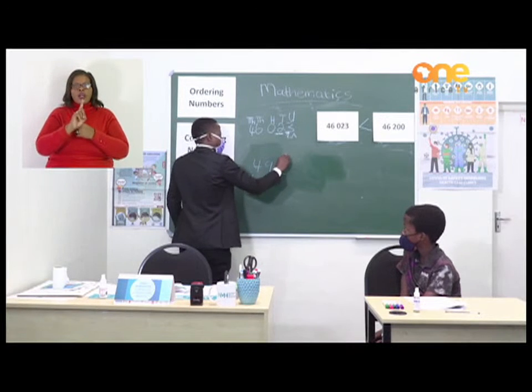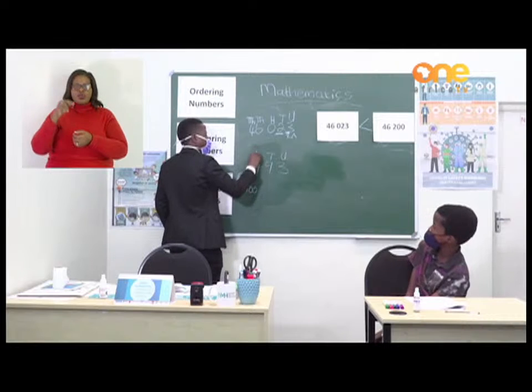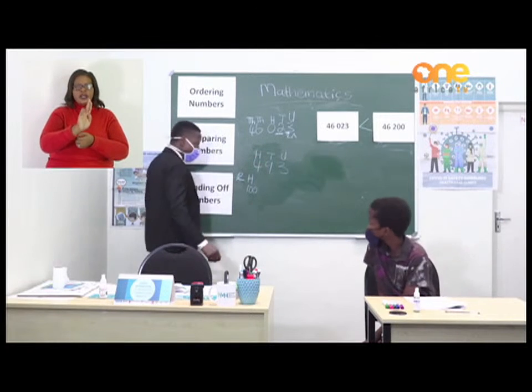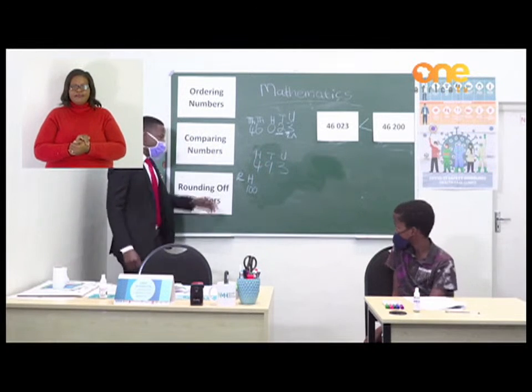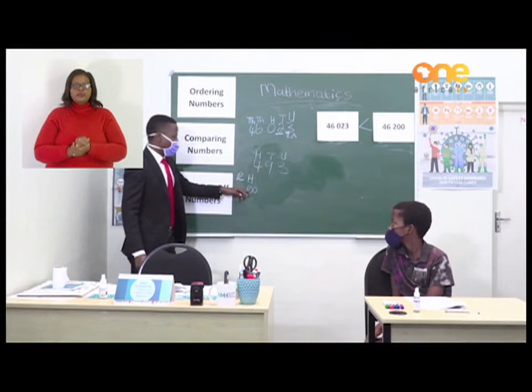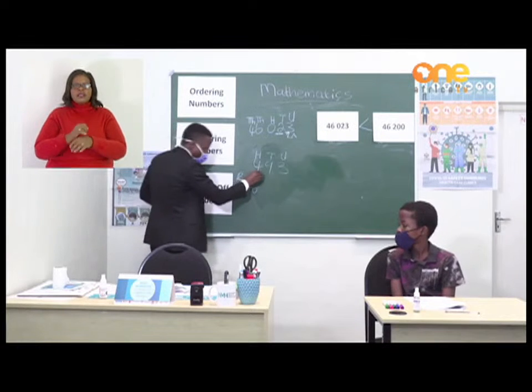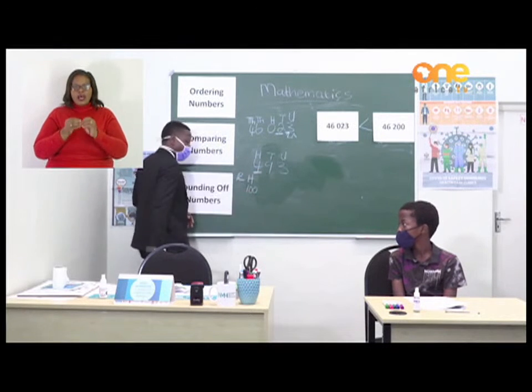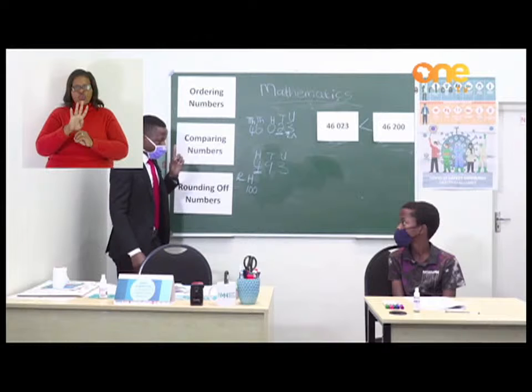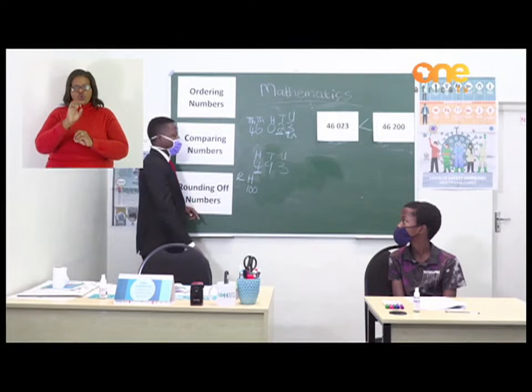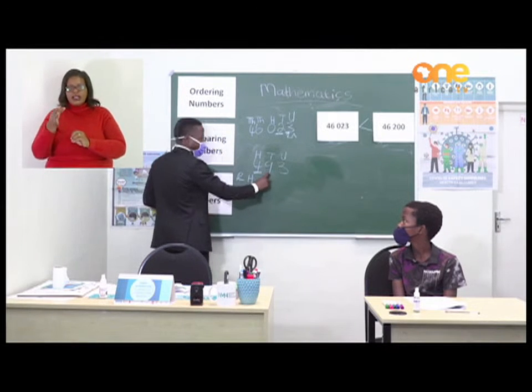We have a unit, we have a 10, we have 100. Now, the digit we are rounding off here is in the position of 100, so that digit will be a 4. Remember, there is a number you need to look at, which is 9.